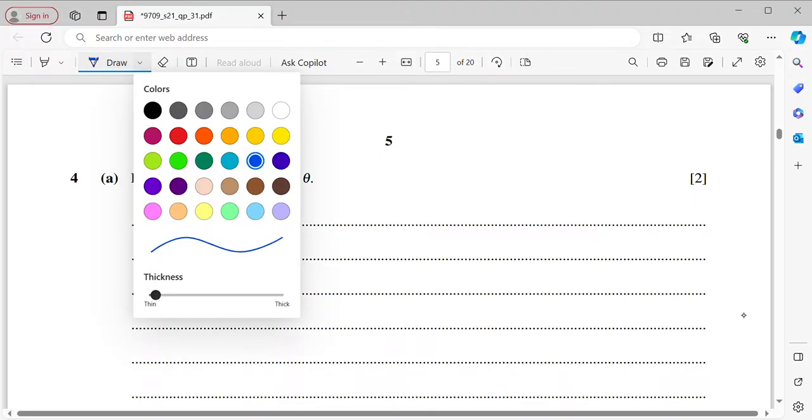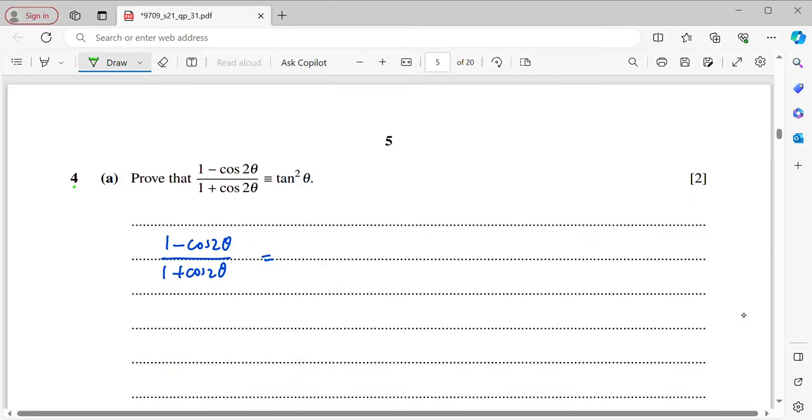Okay, so since we are given the cos 2 theta, I will be using this formula. Cos 2a is 2 cos squared a minus 1, or 1 minus 2 sine squared a. When you look at the numerator, it is 1 minus cos.